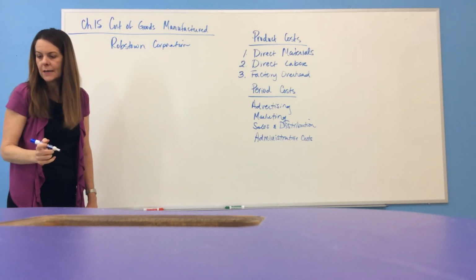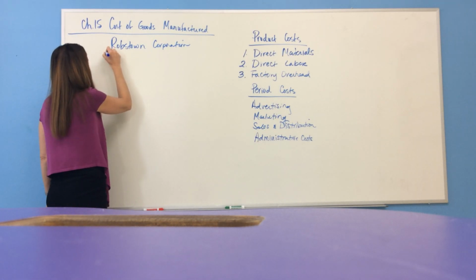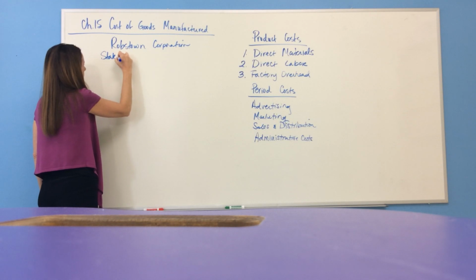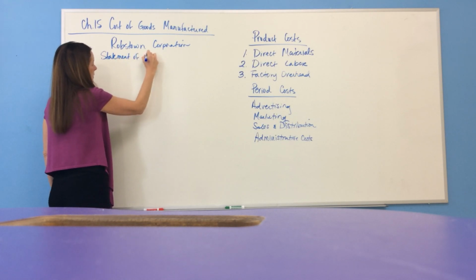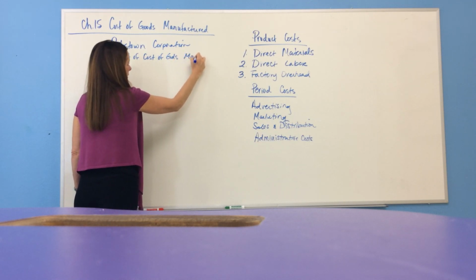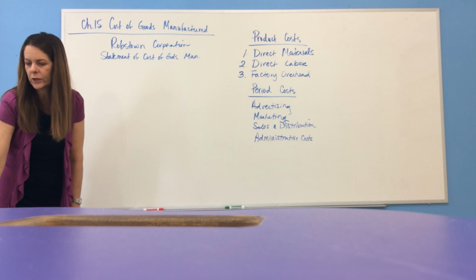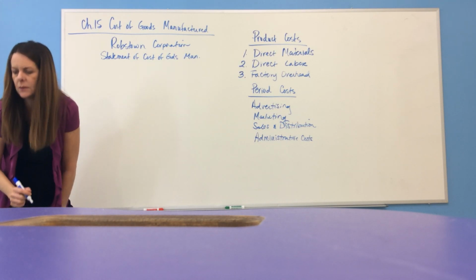And you're creating a statement of cost of goods manufactured. I'm abbreviating. And then this is going to be for the year ended December 31st, 2008.